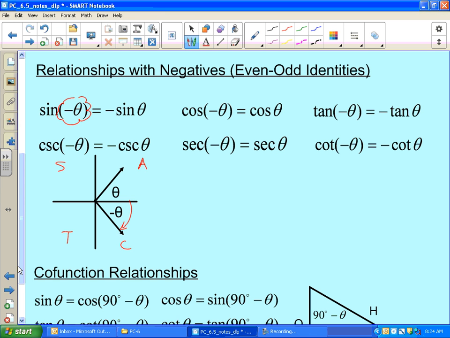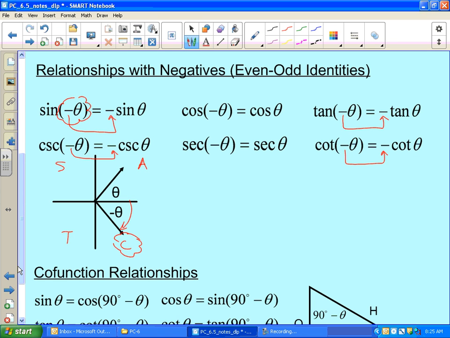What if you did a negative rotation? Well, that puts you down in a quadrant where cosine and secant are positive. Everything else is negative. And so that's what's happening here. A negative angle produced a negative sine value, and a negative angle produced a negative cosecant value. Going over to the tangents, that negative rotation put me where negative tangent occurs, and negative cotangent occurs.